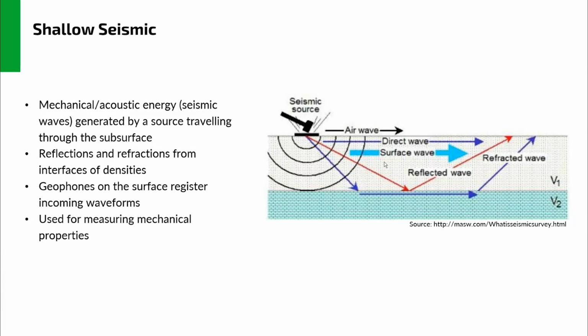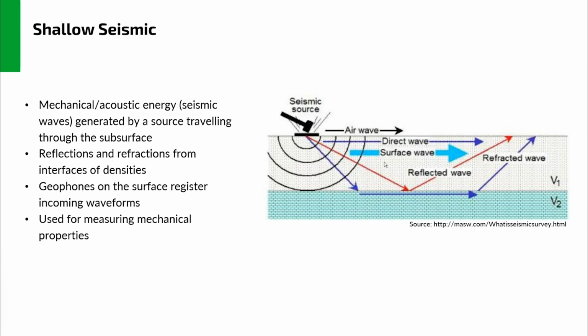Geophones are usually put on the surface in a survey line, and they register those incoming waveforms. You see there are a lot of different ones, starting from air waves, direct waves, reflected and refracted waves. And the job of the geophysicist is to make sense of these chaotic incoming signals.